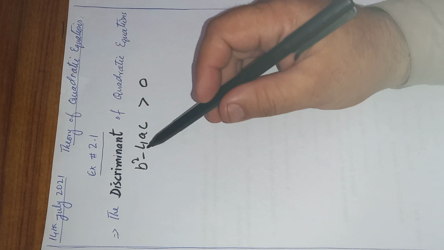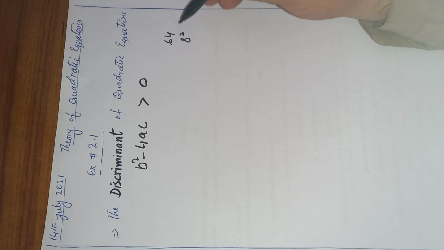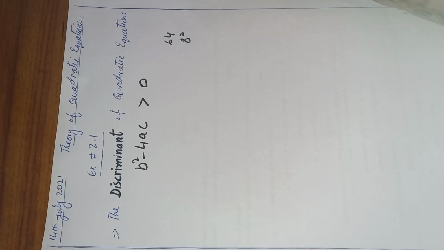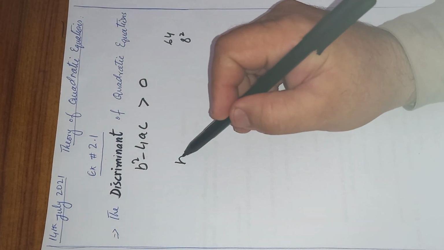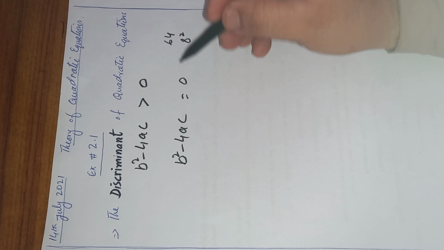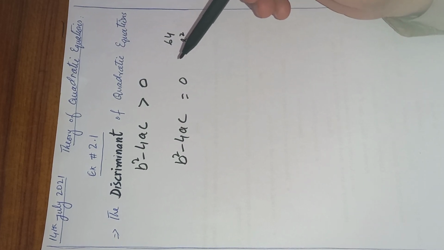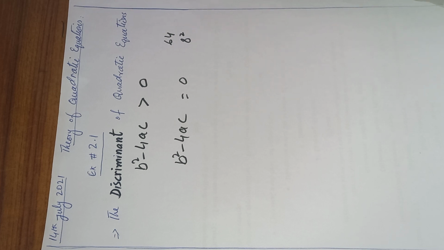For example, if we get this as 64, it's a perfect square, so these roots are rational, and otherwise these will be called irrational. In another case, if b square minus 4ac, the discriminant, is equal to 0, the roots will be called equal, and will be real.